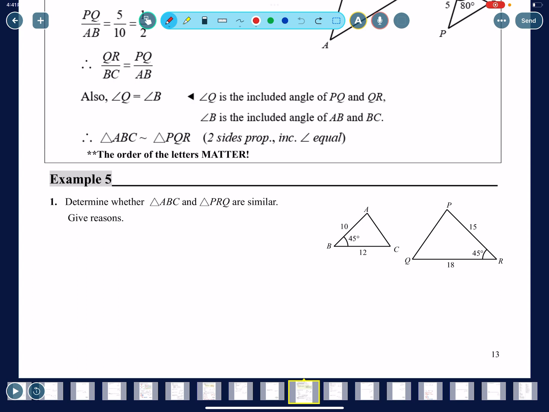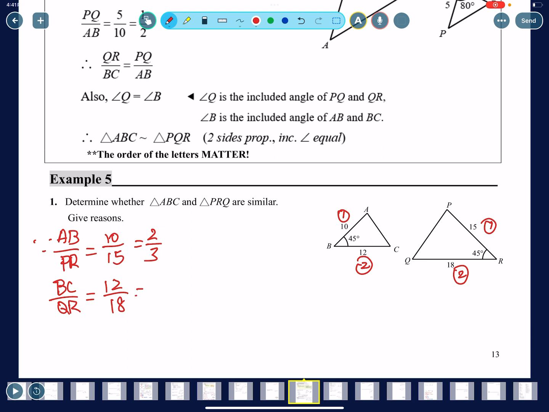Okay, let's get going. The steps are, AB is the smallest, this is the second smallest, match it with the 15 there. AB divided by PR equals 10 over 15, which is 2 over 3. And then BC over QR equals 12 over 18, which is 2 over 3 as well.